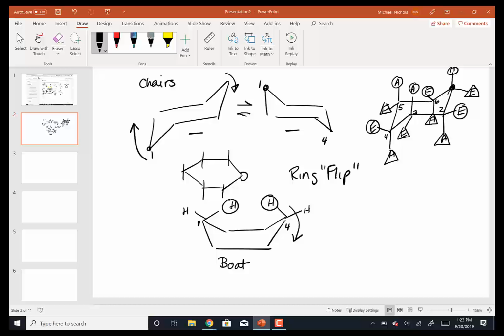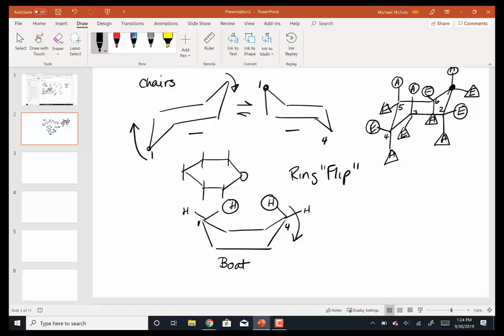Bring the left one up, bring the right one down, and go through the boat. Although no one ever shows it, the boat apparently has lost favoritism. It's not a very stable conformation, but now everybody's moving them both at the same time, so they're going through a flat conformation, which I'm not sure is really the case or not.